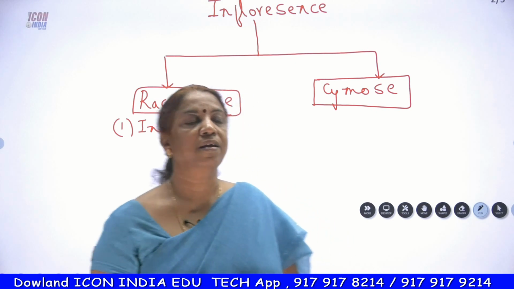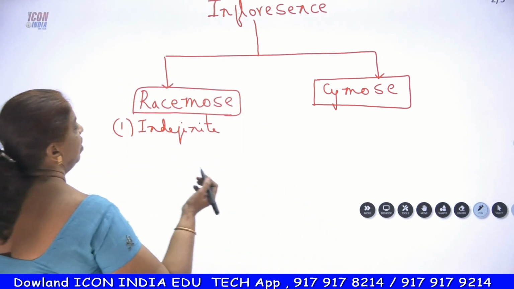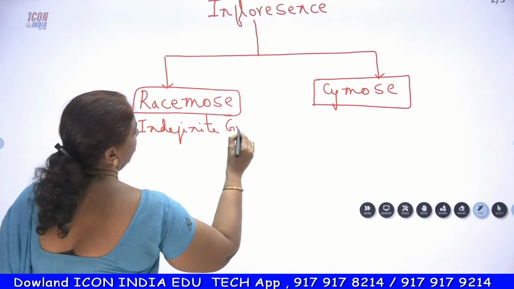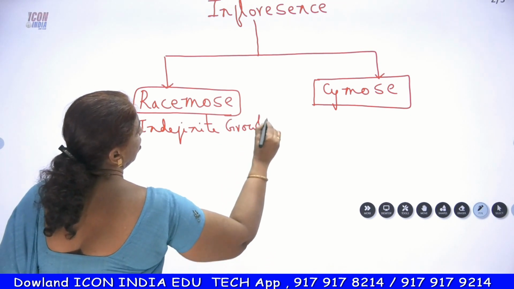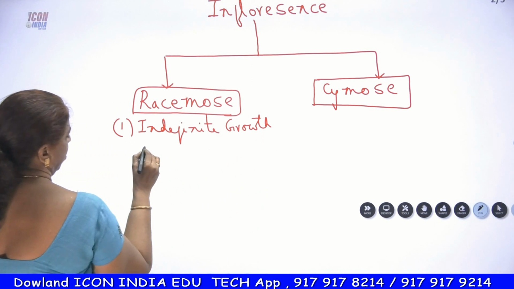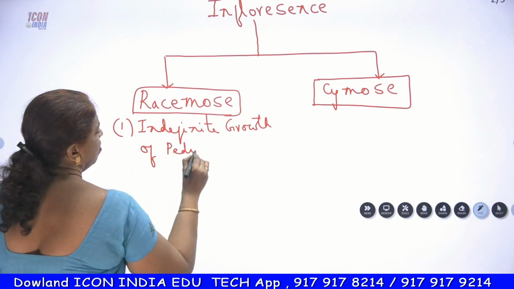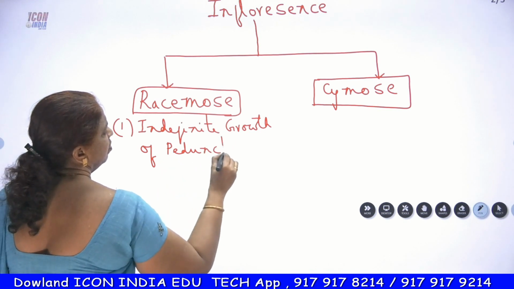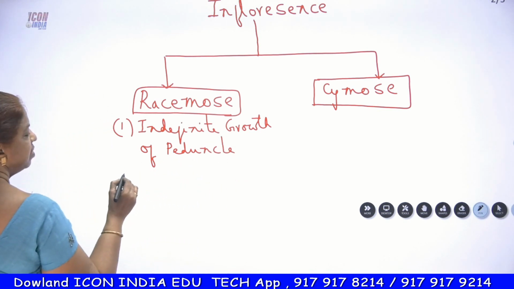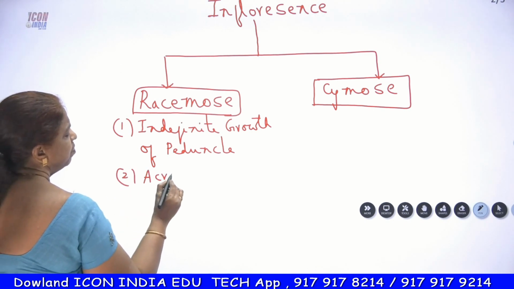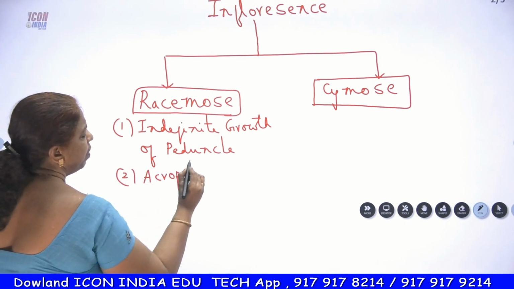You can see the characters. Indefinite growth of peduncle. The next is arrangement of flowers in acropetal manner.